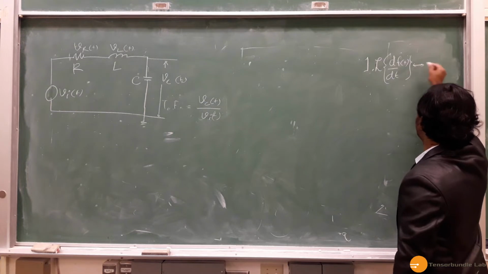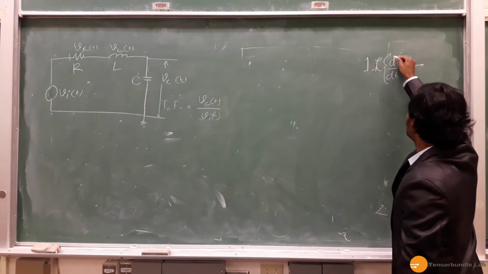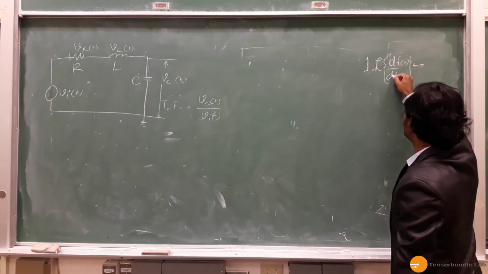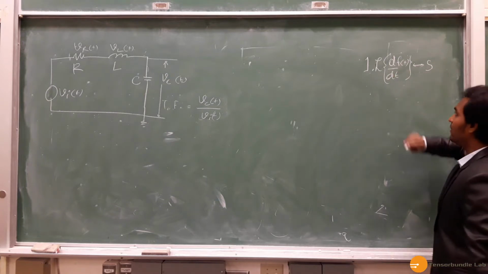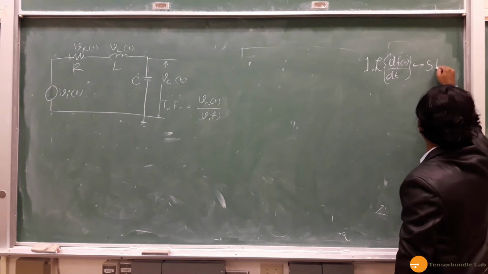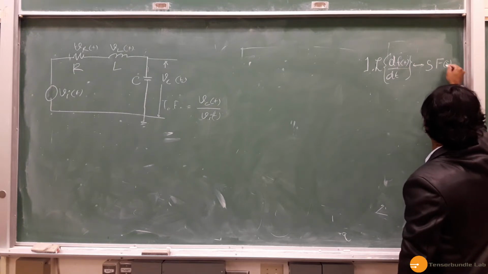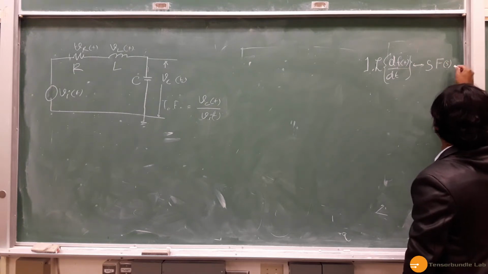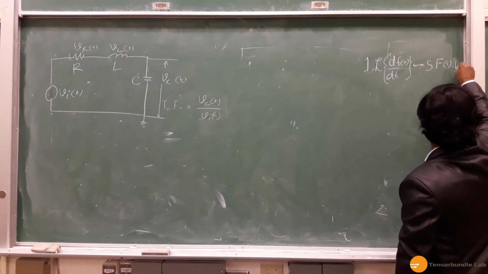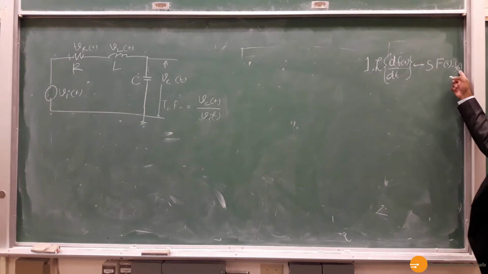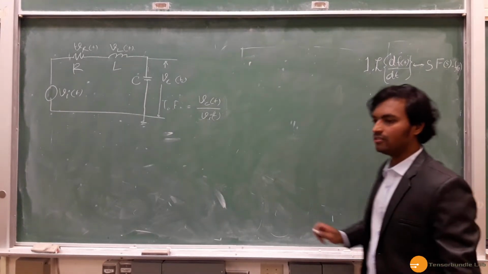So in the frequency domain, since this is a first order differential equation, we just write down s, all right? And then for this f of t part, we write down F of s, and then minus f of 0 minus. That is the initial condition.